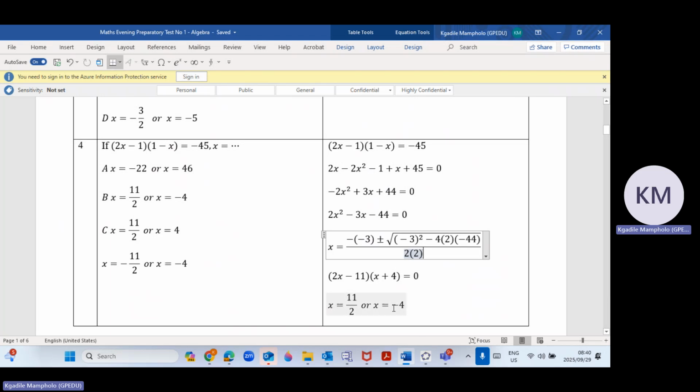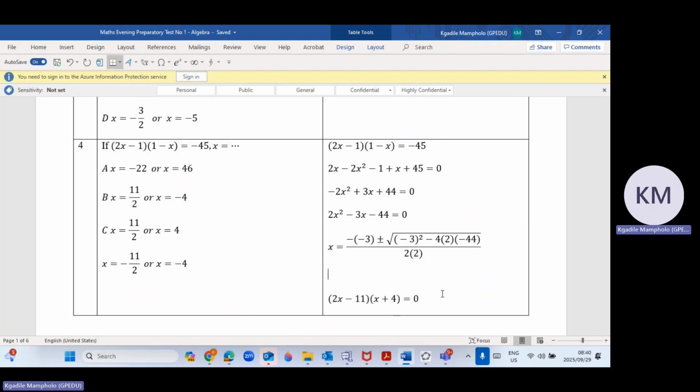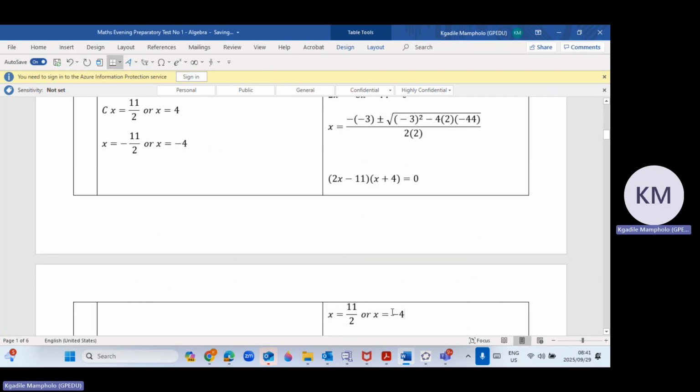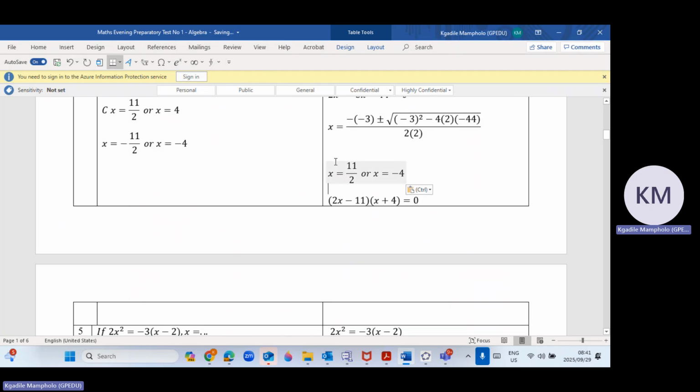The answers that you get on your calculator are the ones that you put here, in the space you leave for the factors.